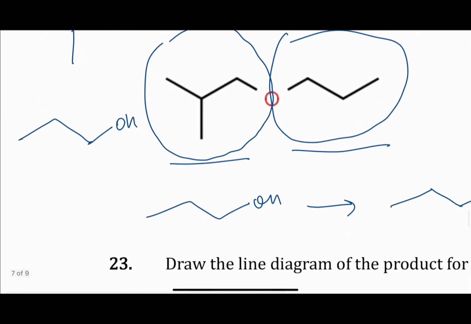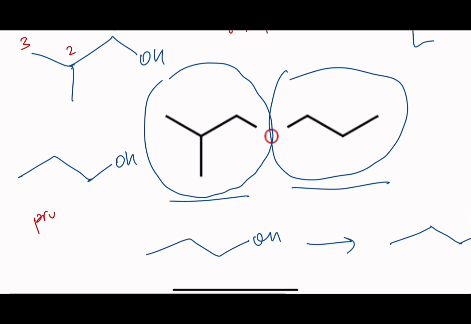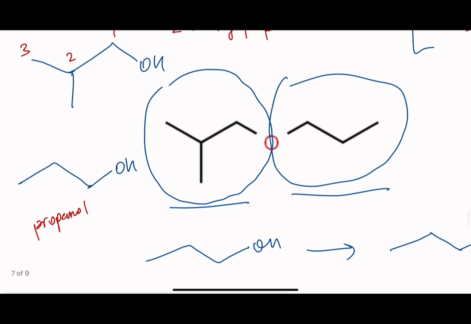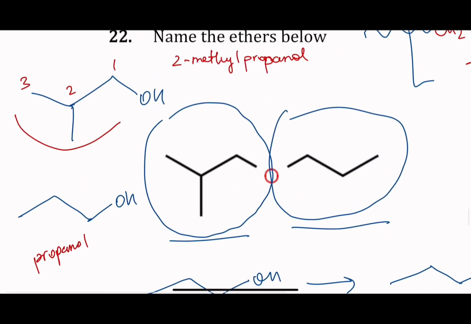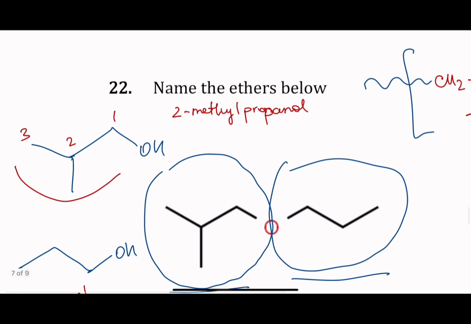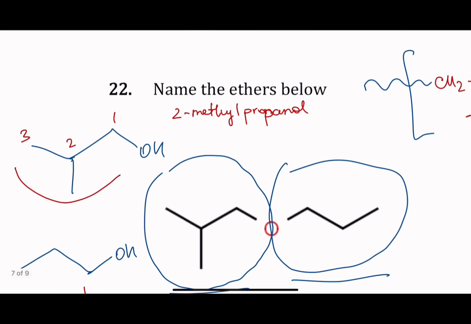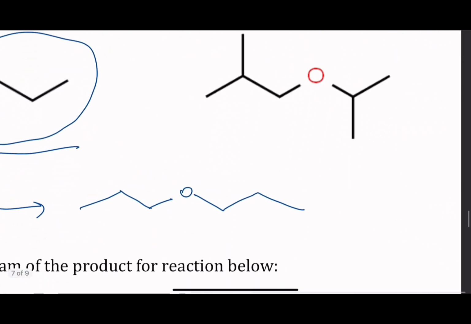Well, this one we say just propanol, right? But because this one has 4 carbons, we also call this isobutyl, isobutanol.